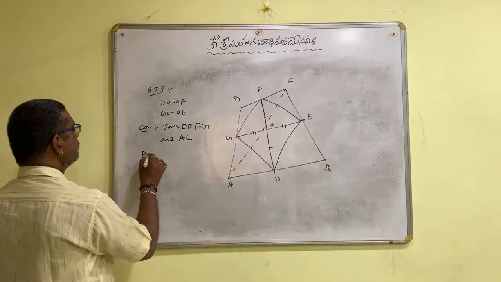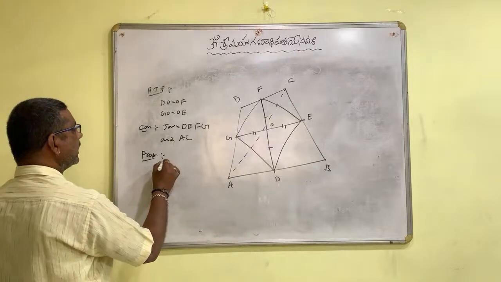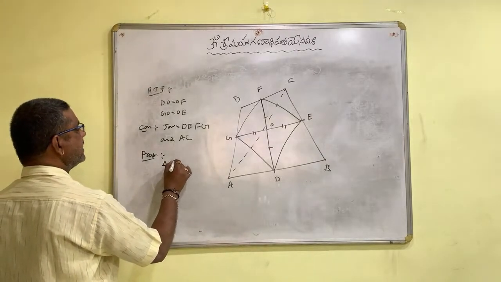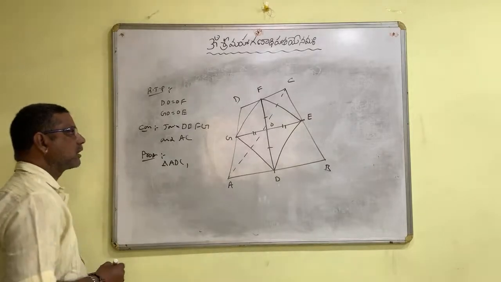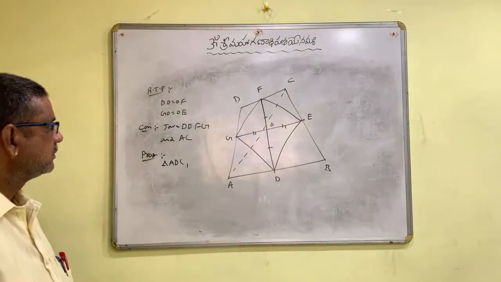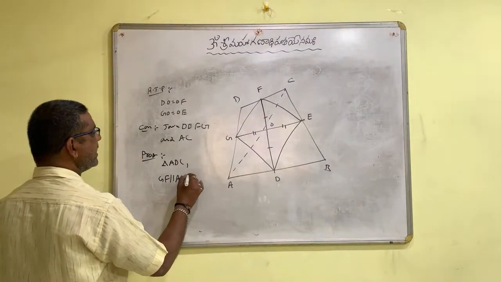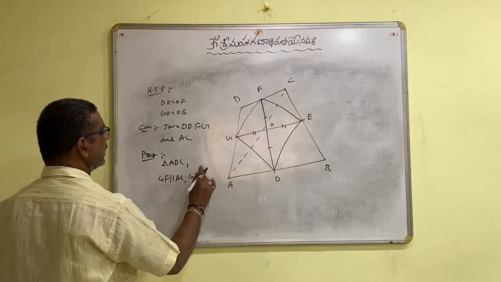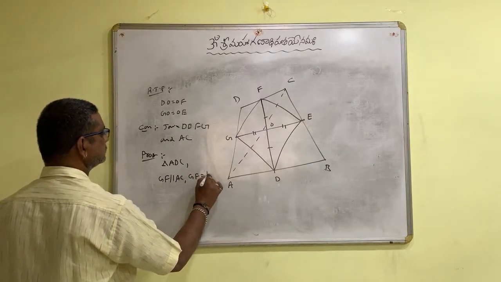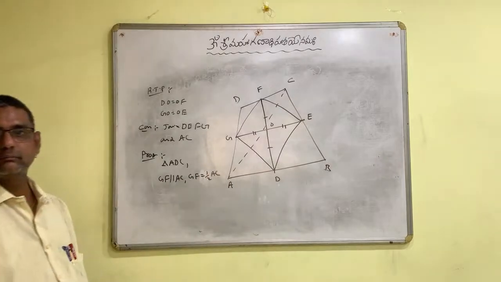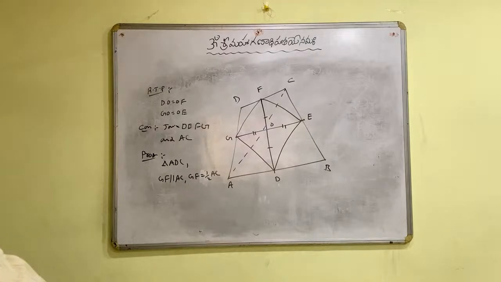Now, proof. Consider triangle ADC. By midpoint theorem, GF is parallel to AC, GF is equal to half AC, because G and F are the midpoints.